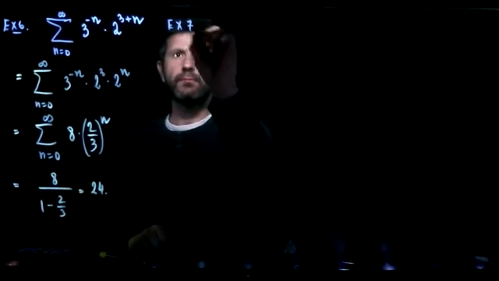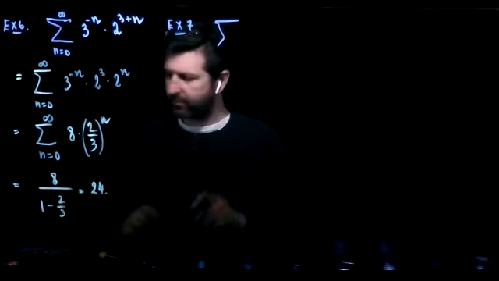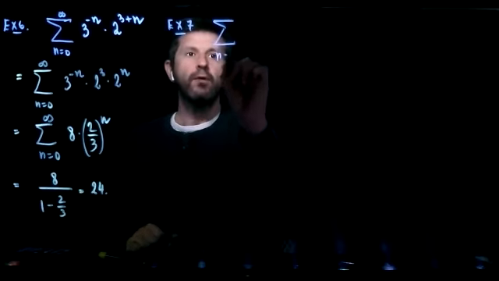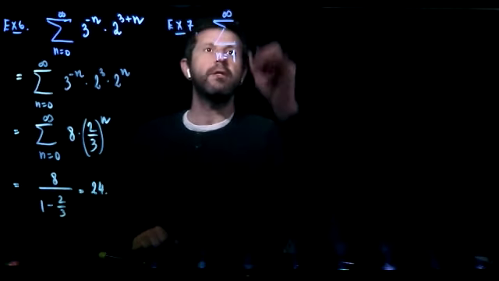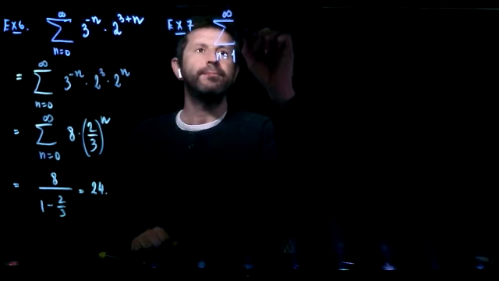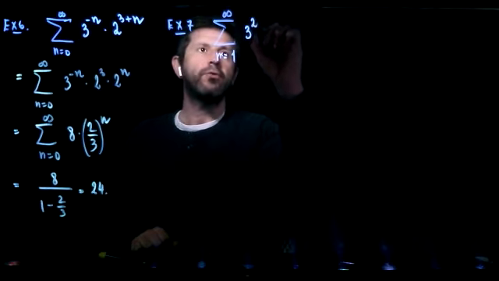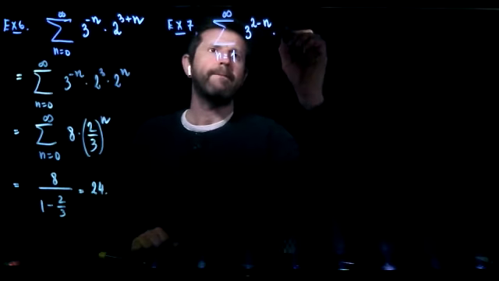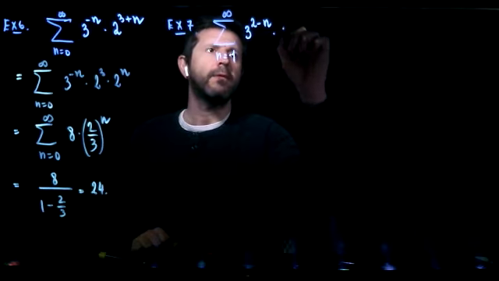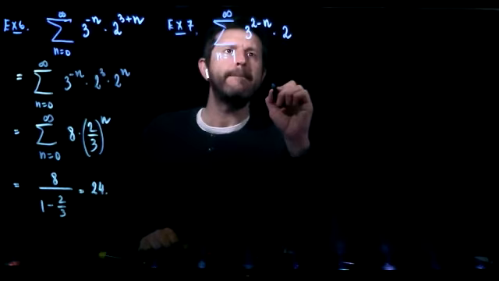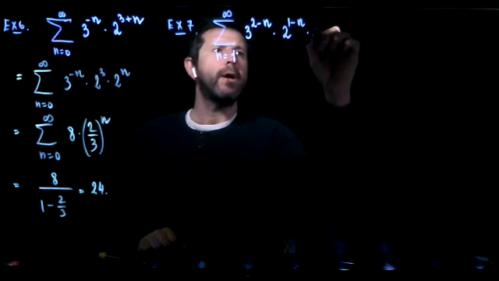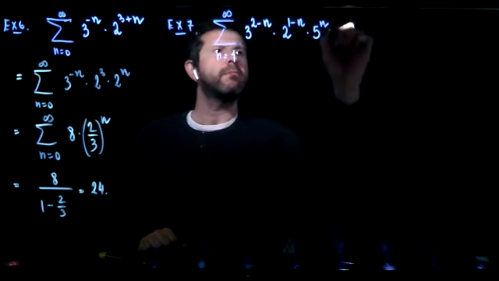Example 7. So look at this one now. The sum, and let's start at 1 now, from 1 to infinity of 3 power 2 minus n times 2 power 1 minus n times, let's say, 5 to the power of n plus 1.